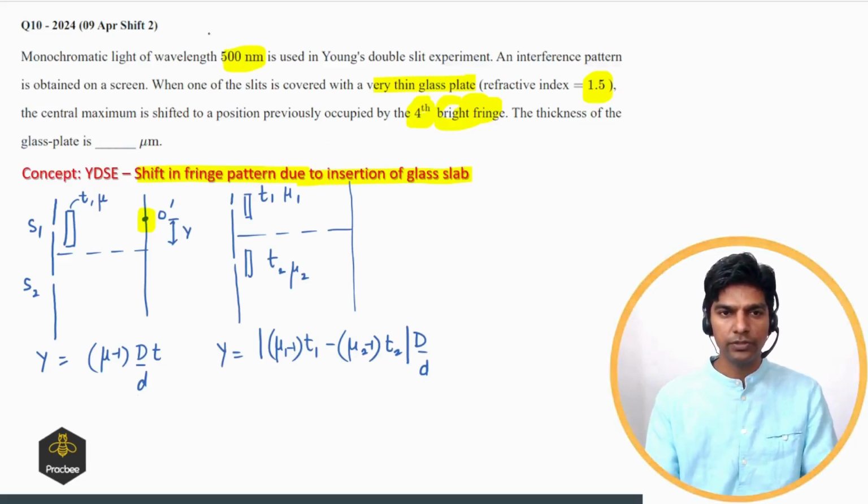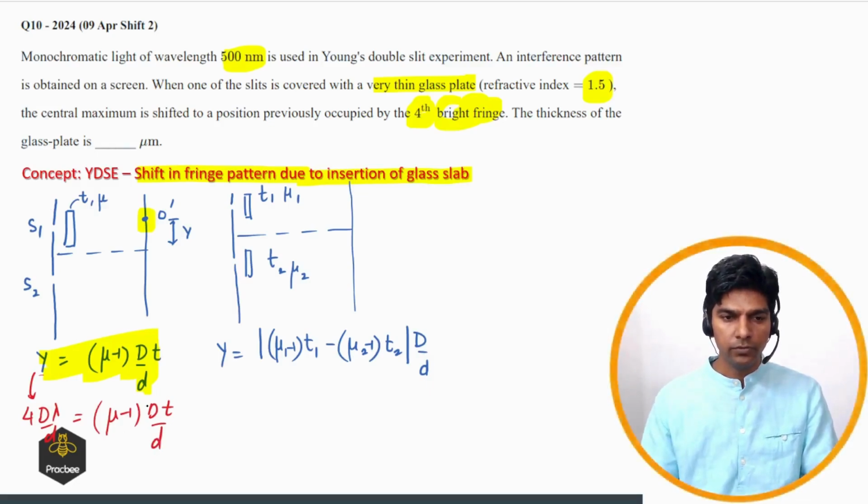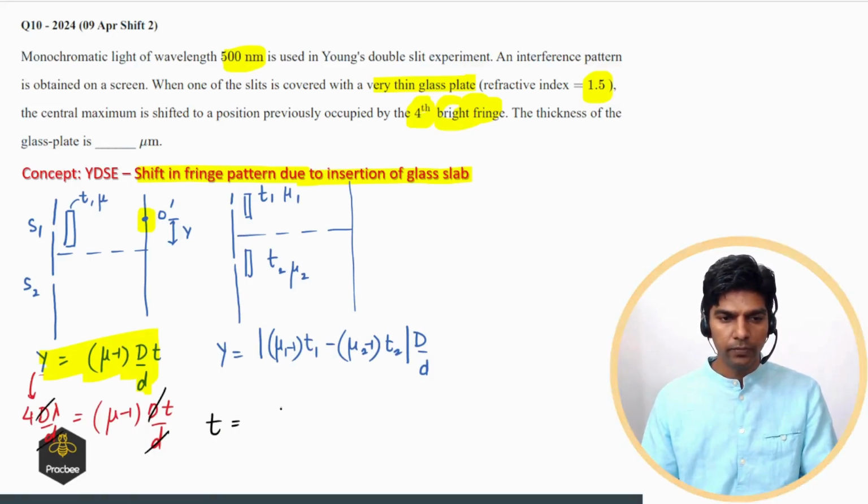So we have to use this formula, and in this formula, y is given as 4 times D lambda by d. So this will be (mu minus 1) D t by d. The capital D and small d get eliminated, and the thickness comes out to be 4 lambda upon (mu minus 1).